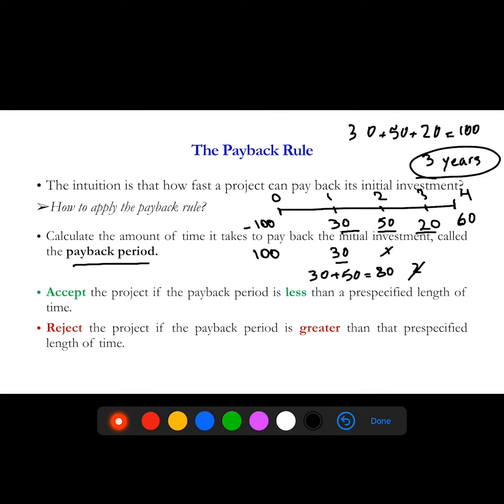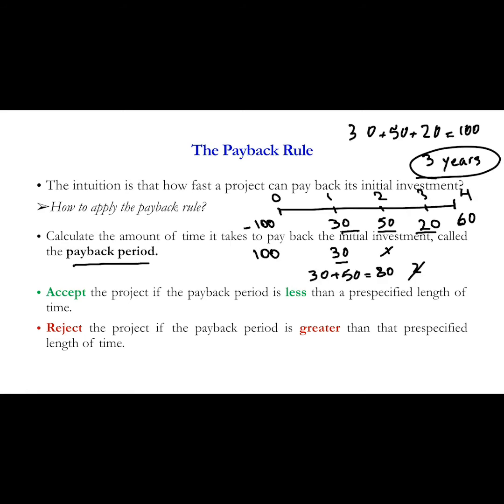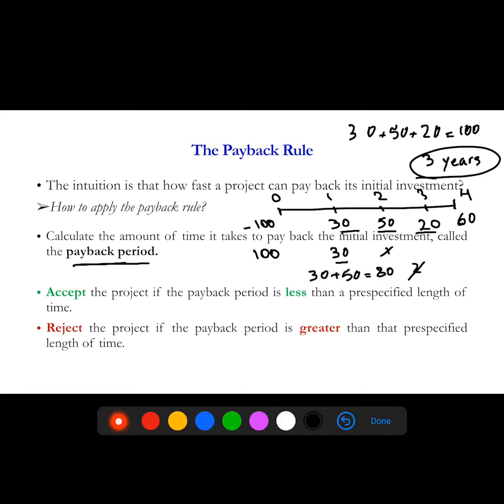Okay, so once we calculate this payback period, we need to compare it with a pre-specified length of time that was set by either the CEO or CFO of a company. We are going to accept the project if the payback period is less than the pre-specified length of time.